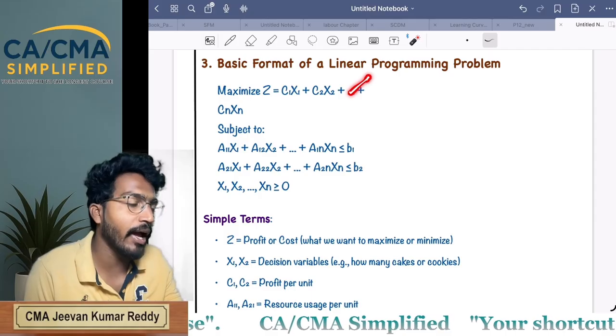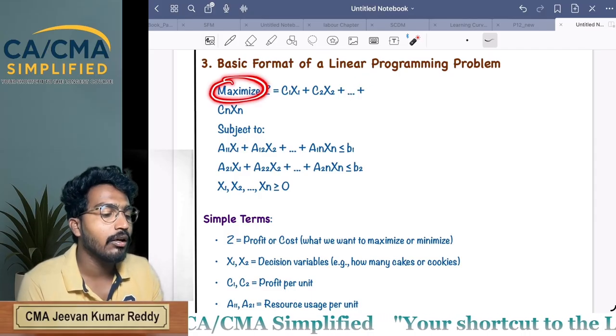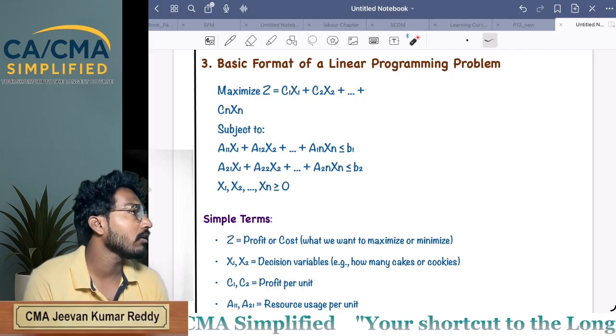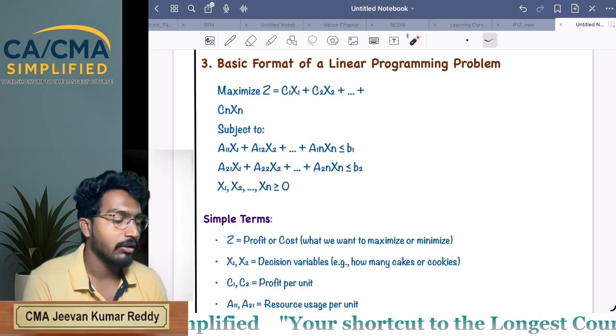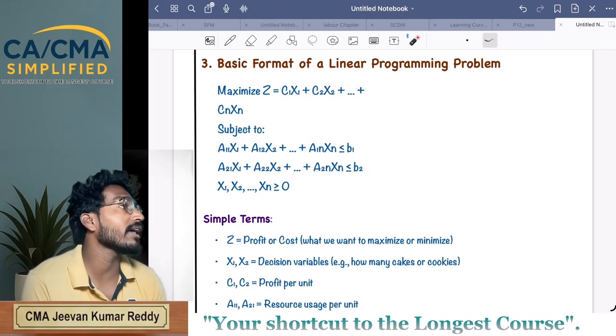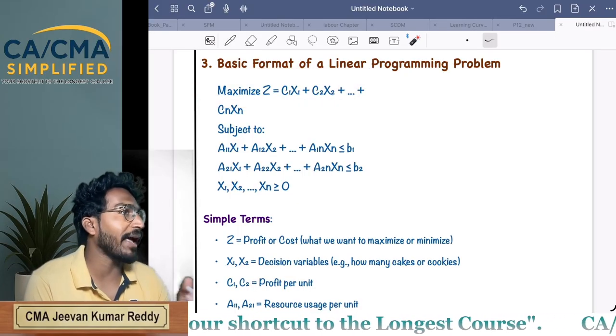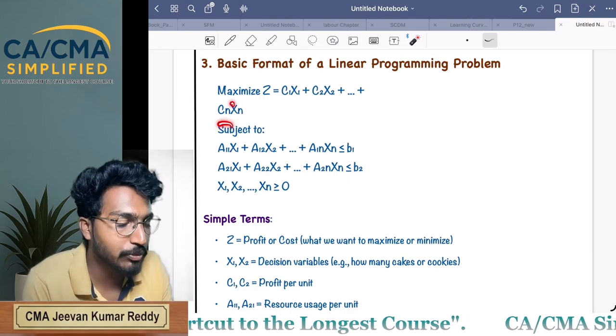Like that, if you add the profits of all products, you will get the entire profit of the company. So this is our objective function. What is our objective? Either to maximize profit or minimize cost. Now subject to constraints.